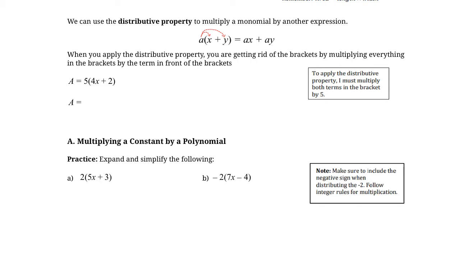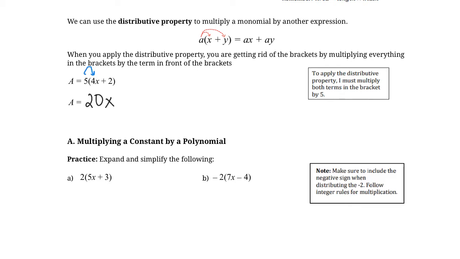So let's take a look at the expression that we just wrote for the area of our rectangle, 5 times 4x plus 2. If I wanted to distribute, I would take 5 and multiply it with 4x. So 5 times 4x is 20x. 5 times 4 is 20, and the x just stays attached to that 20.